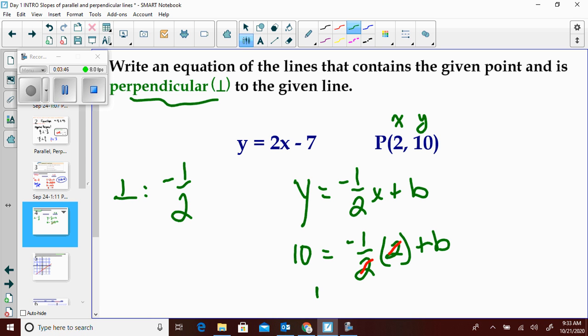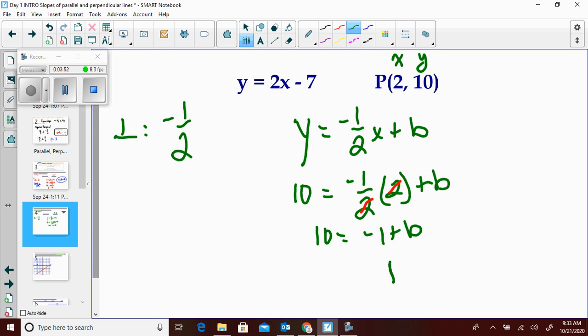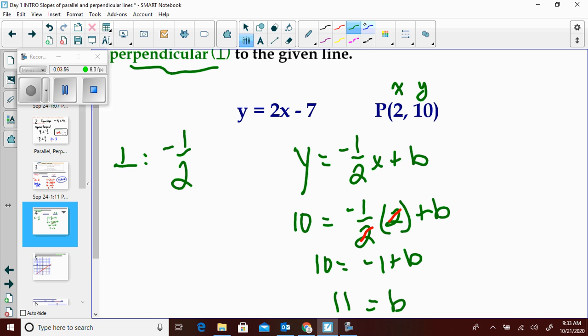My 2's cancel out, so 10 equals -1 plus b. B is 11. So my equation is y equals -1/2 x plus 11, because that -1/2 is perpendicular to 2.